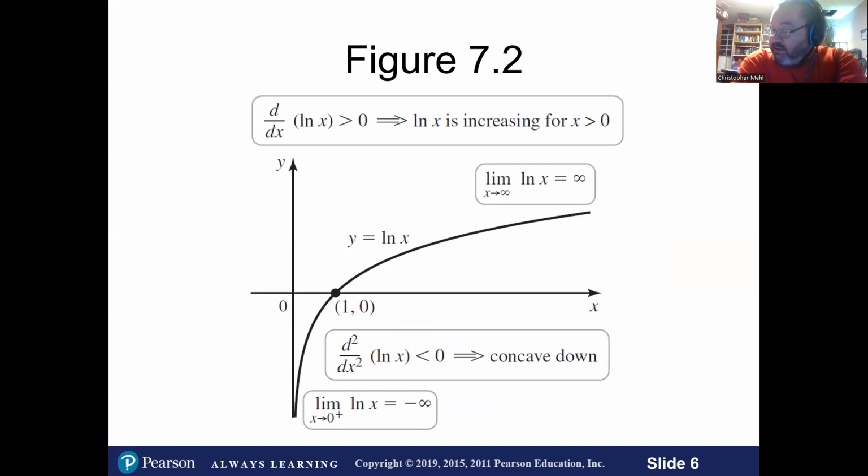And so we can see here that since the derivative of the natural log of x is 1 over x, we know that the derivative is greater than 0 everywhere. Because if we look at the natural log function, it is increasing everywhere.